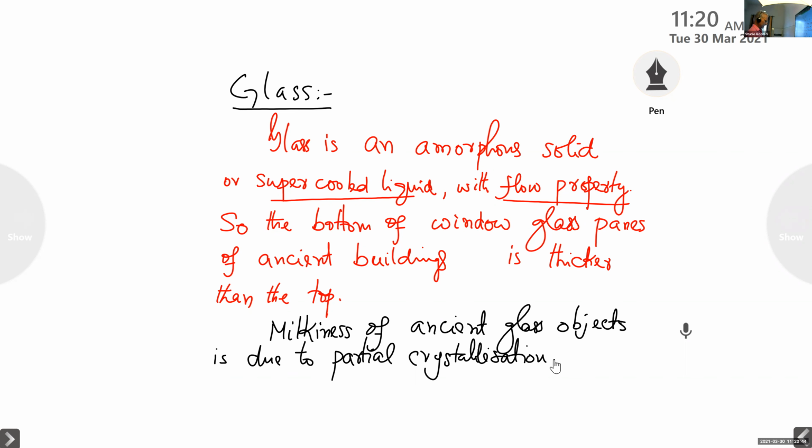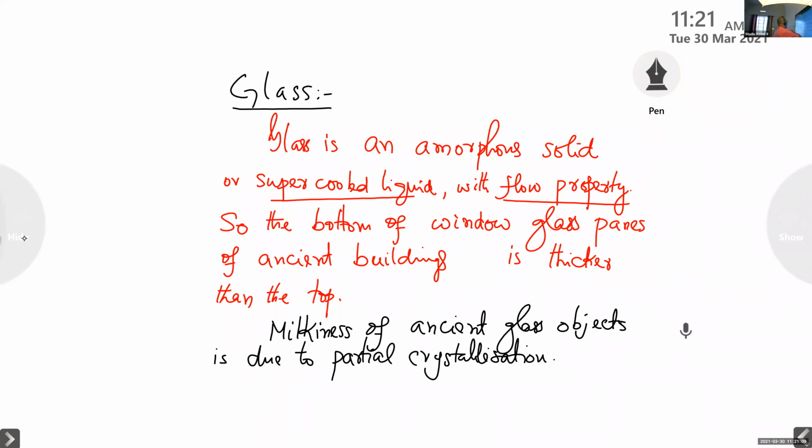Due to partial crystallization. What? Written. So two properties of glass. One is the flow property. Second is partial crystallization of ancient or old glass objects. Okay, all right. So we can expect two questions from here.